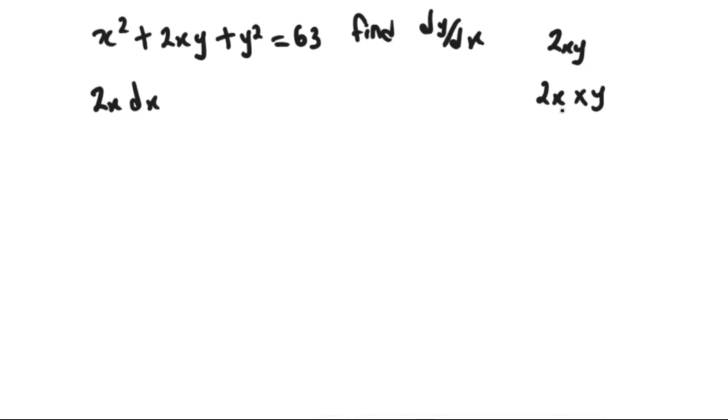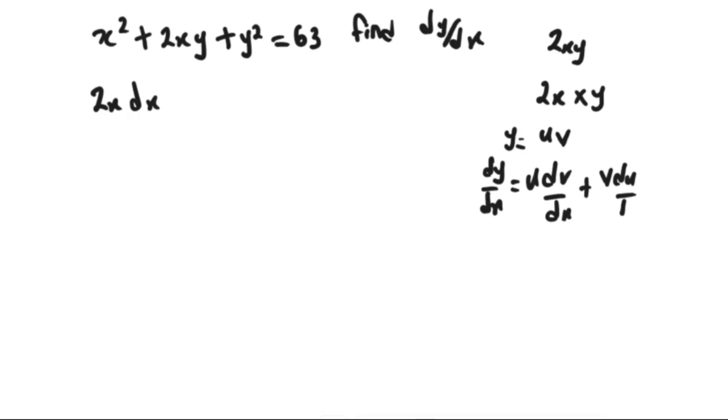When we are finding the derivative of the product of two functions, don't forget we use the product rule. When y equals uv, dy/dx gives us u dv/dx plus v du/dx, which means first times derivative of second plus second times derivative of first.